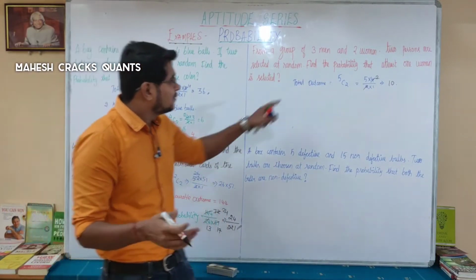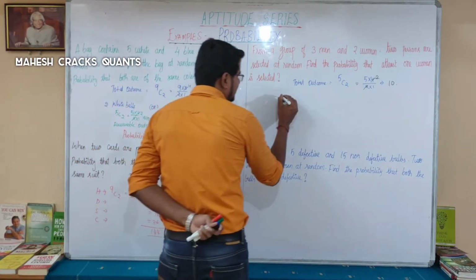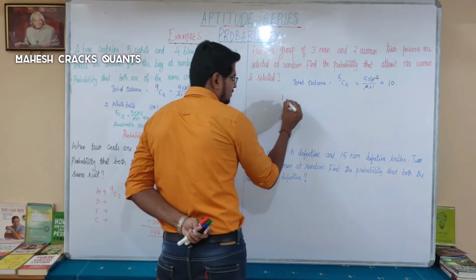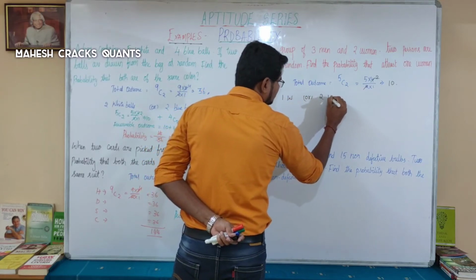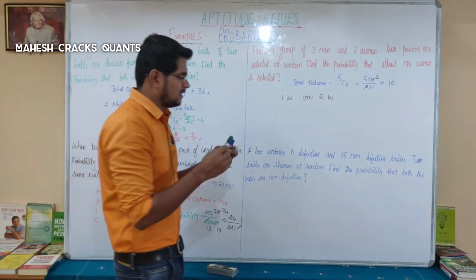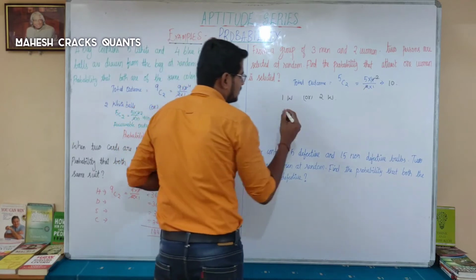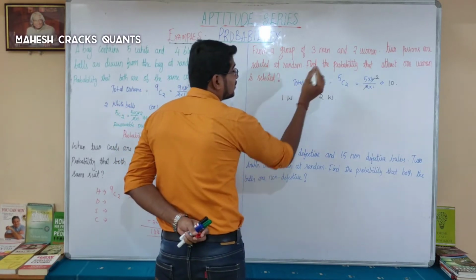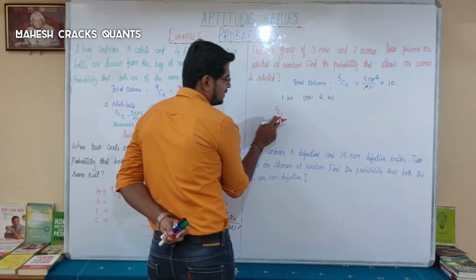What is the question? Probability that at least one woman. So at least one woman means there are 2 choices for my favorable: one woman or both are women. If I am taking only one woman, that means 2C1, from 2 women I am taking one woman.